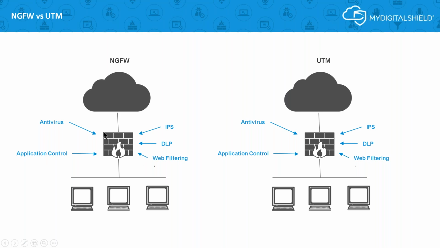I'm going to go through each one of those and explain a little of how they work, and really how you can test to see if your IPS is working well or is set up correctly. This is where there's a lot of confusion and problems. You get a UTM, you set it up, and it's like, great, we're secure. But is it set up correctly, is everything put in place correctly? There's a lot of uncertainty.